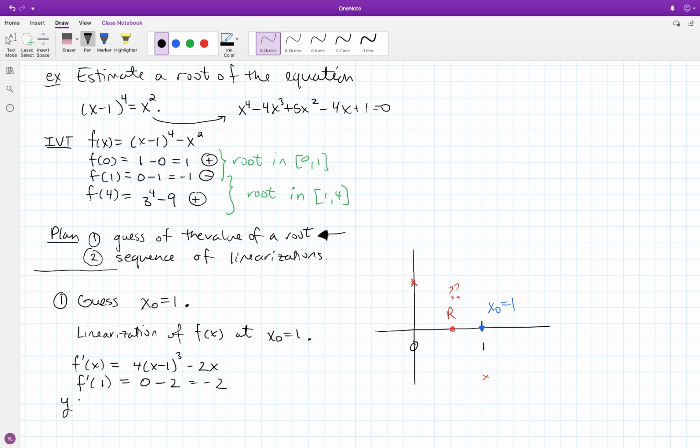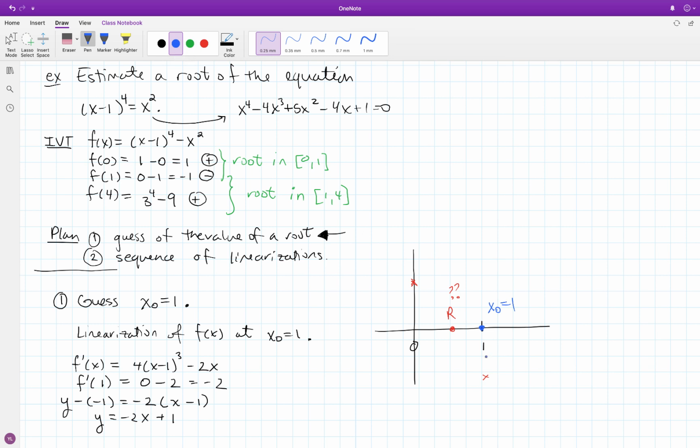The y value at 1 is -1, and we've discovered the slope of the tangent line is -2. Here we go. I used point slope form to find the equation of the tangent line. I got -2x, a +2 minus 1, so that should be +1. Right, +2 minus 1. Okay, so this is the equation of my tangent line.